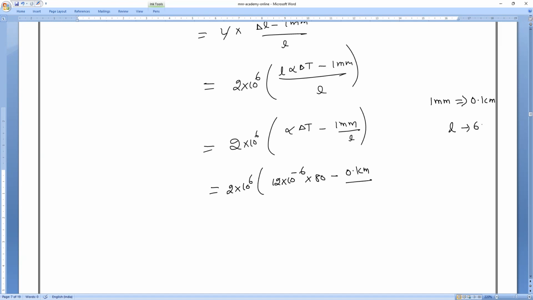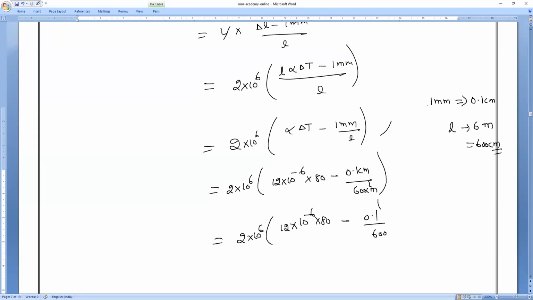The original length is 6 meters. So 6 meters means how many centimeters? 600 centimeters. So 2 into 10 power 6 into 12 into 10 power minus 6 into 80 minus 0.1 divided by 600.